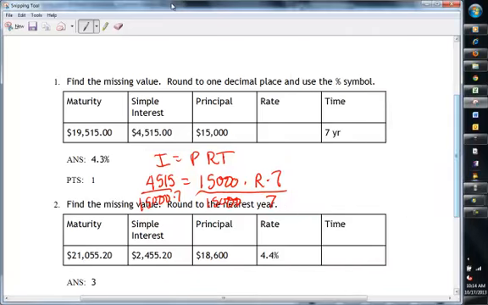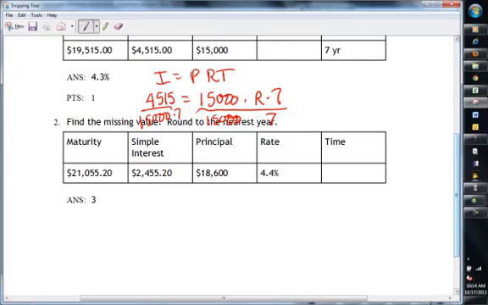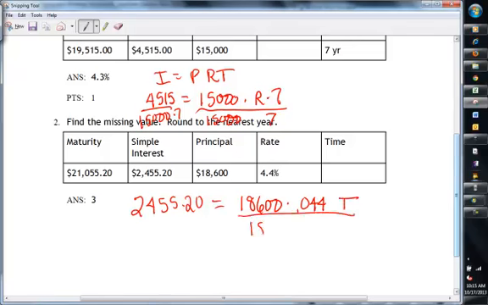Okay, well, let's see how that's going to work. Interest, which is 2,455.20, is principal, 18,600, times rate, 0.044, times time. Divide both sides by 18,600 and 0.044.